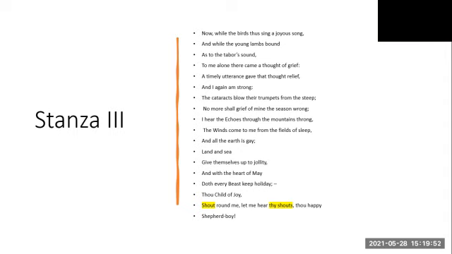Let me hear your shouts, thou happy shepherd boy. So apparently the shouts of the shepherd boy shouting at his lambs. So apparently it is when he said a timely utterance gave that thought relief, that was the shouts of the shepherd boy. It seems so. We might tend to think so.